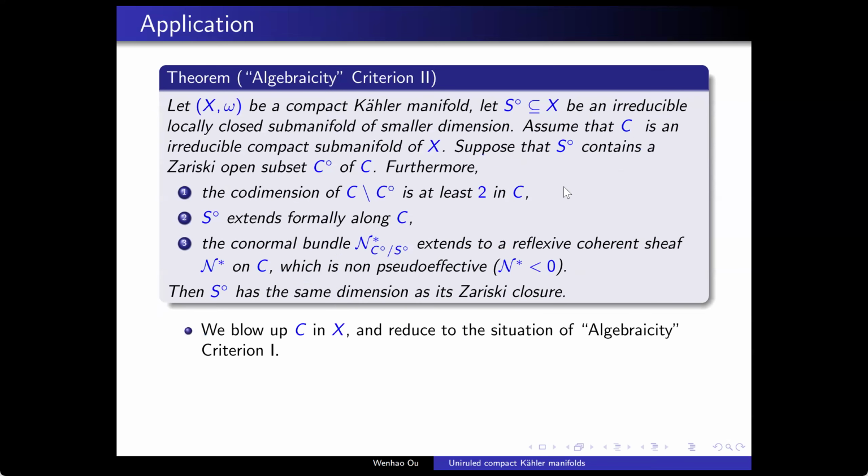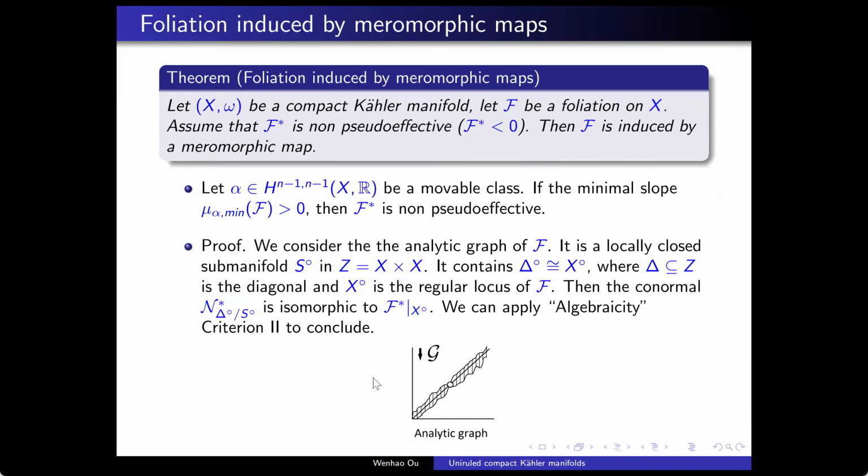So once we prove this, we apply this criterion to the situation of the analytic graph of a foliation, which is this picture before. And we can prove that if on a compact Kähler manifold X omega, F is a foliation such that F dual is non-pseudoeffective, then F is induced by a meromorphic map. So this is the key point for the uniruled criterion.